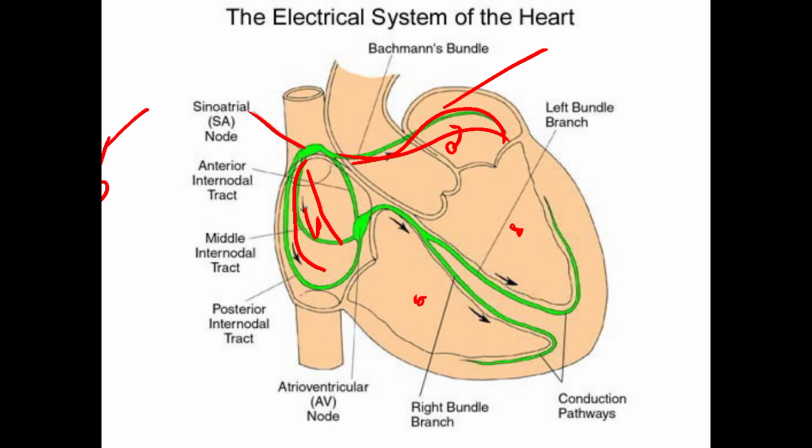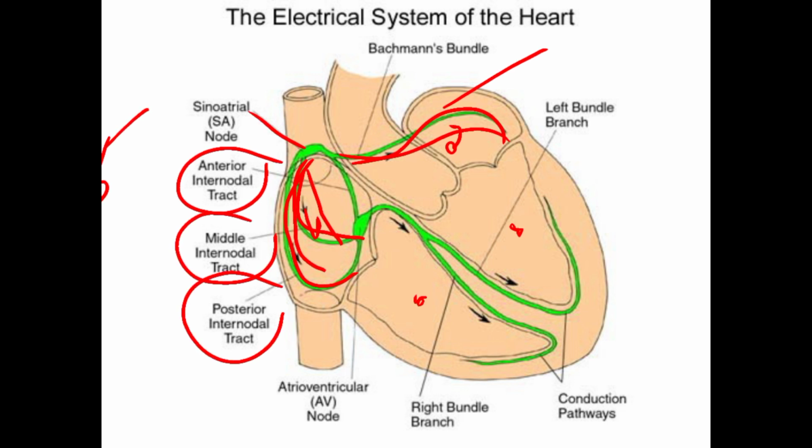Simultaneously, the impulses go through three tracts, the anterior, middle and posterior internodal tracts, to the AV node. The AV node is situated in the right atrium, at the side of the interatrial septum, in the posterior aspect.